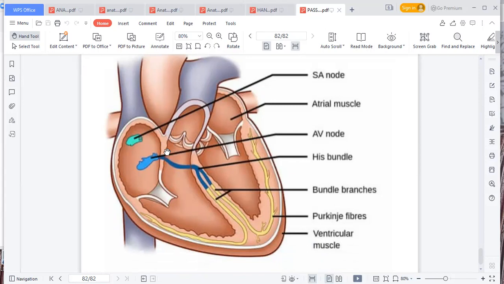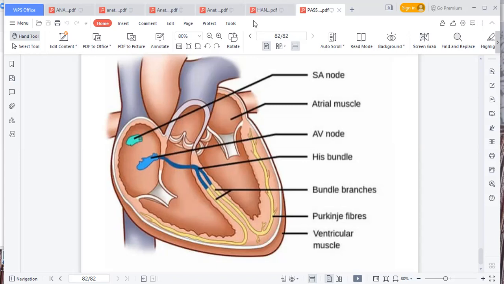First things first, you have what we call the SA node, which is the sinoatrial node. After the sinoatrial node, you have the AV node, the atrioventricular node. From there, we've got the bundle of His. From the bundle of His, we have the bundle branches. From the bundle branches, we've got the Purkinje fibers.